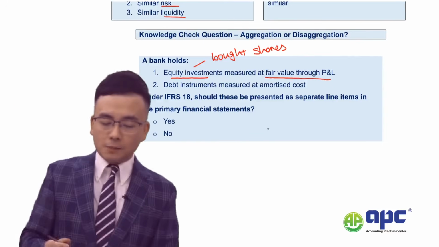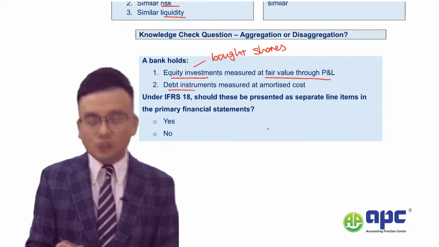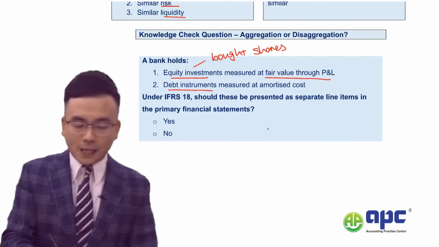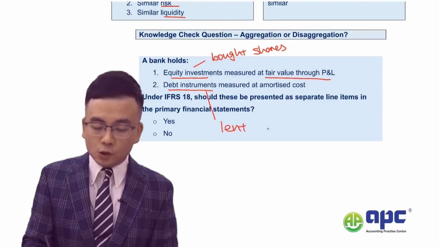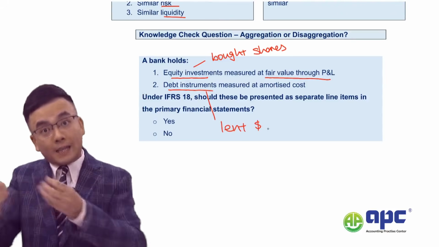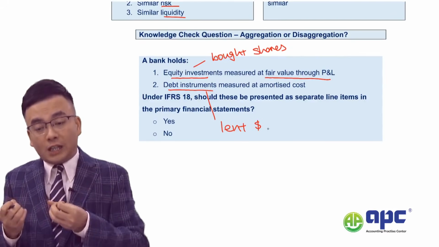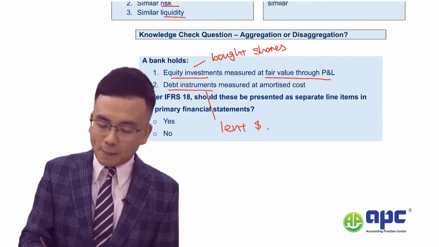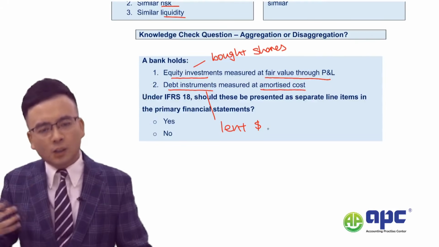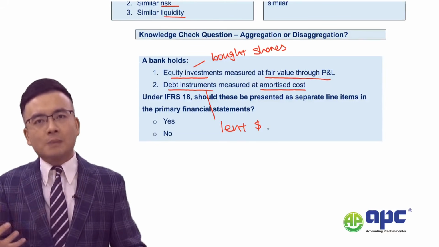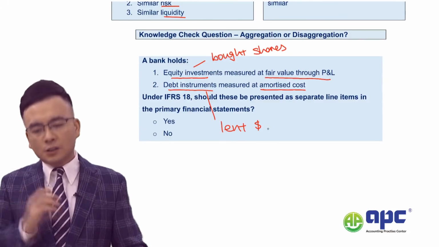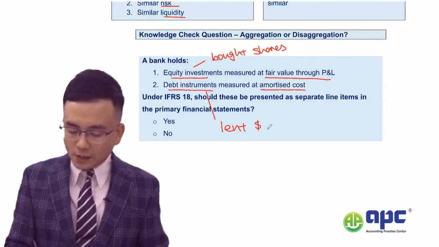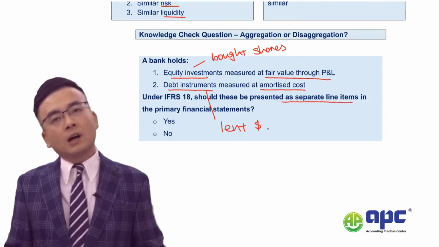At the same time, the bank holds debt instruments. In other words, the bank lends money to others, and of course expects to collect interest and the redemption value from various customers, and measures these financial assets at amortized cost. So if that's the case, do we need to present them as separate line items?